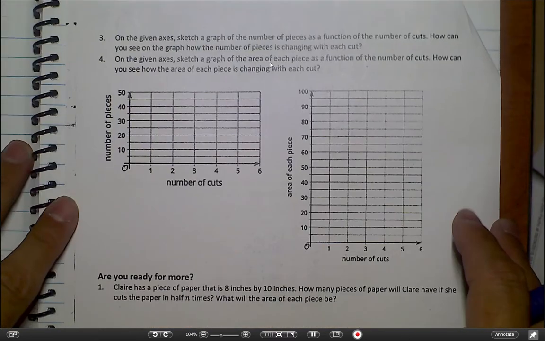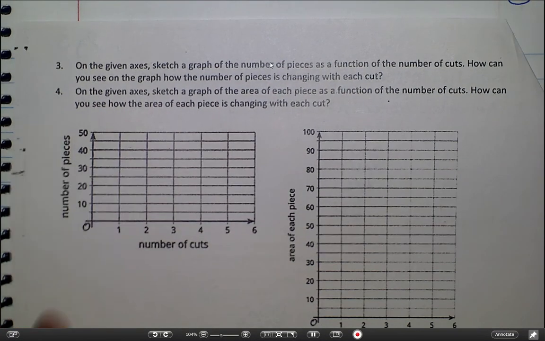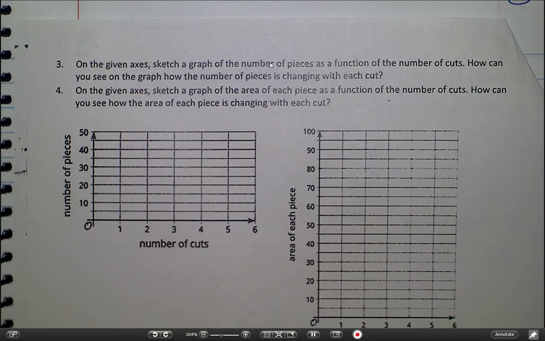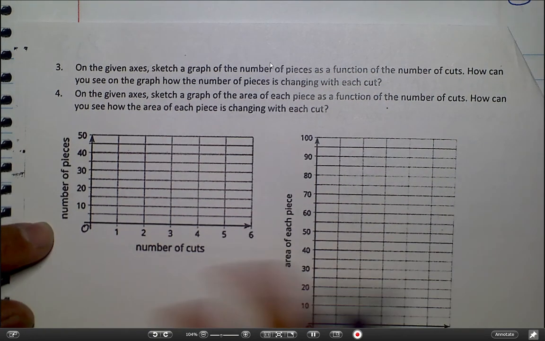All right, let's take a look. Number 3 says, on the given axes, sketch a graph of the number of pieces as a function of the number of cuts. How can you see on the graph how the number of pieces are changing with each cut? At 0, how many pieces were there? 1.